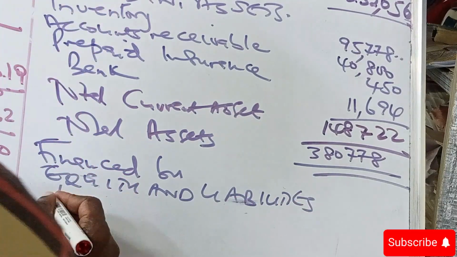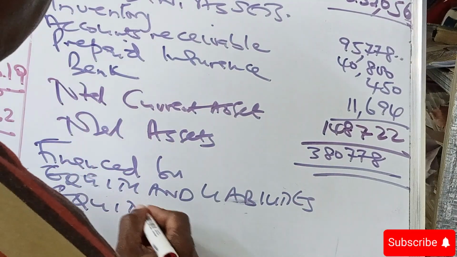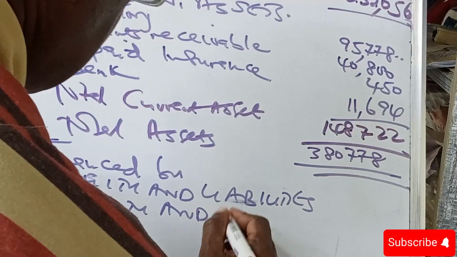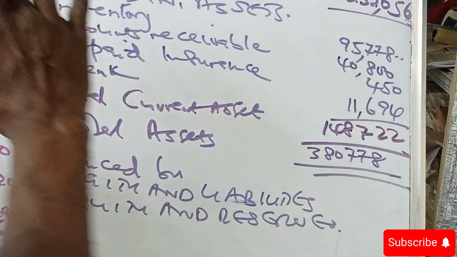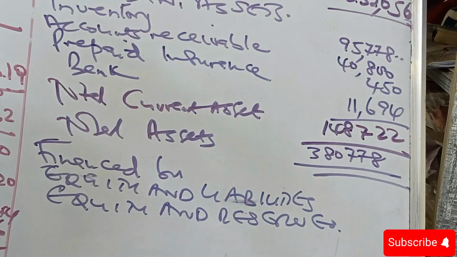And then we say equity and reserves. For those of you doing CPA, the format you find me use is what you're supposed to use even when doing published accounts in financial reporting.